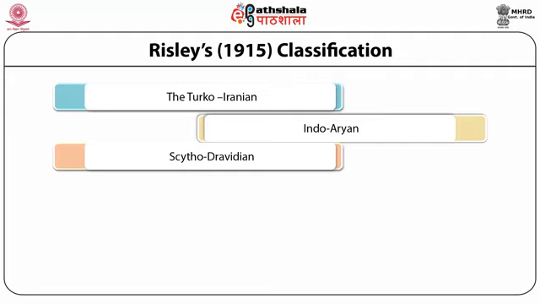Scythian features are pronounced in higher castes, while the Dravidian features are associated with the lower strata of society. The Marathas are considered to be the representatives of the Scytho-Dravidian race. Their main features are low stature, long head, moderate nose, light brown to fair complexion and scanty body hair.